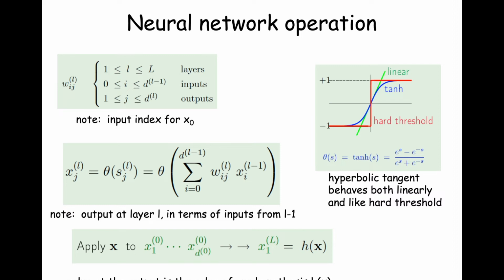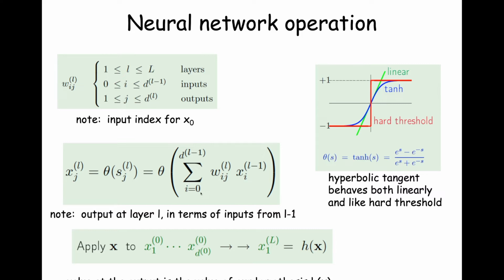And so we said when we compute the output in layer L for node J, X sub J superscript L, that's just our nonlinearity evaluated on the score for that node J in layer L, which is just the sum of all of the weights incident to node J in layer L times the input nodes, those weighted sums, going into from layer L-1 indexed by I. Okay, so that's our weighted sum.